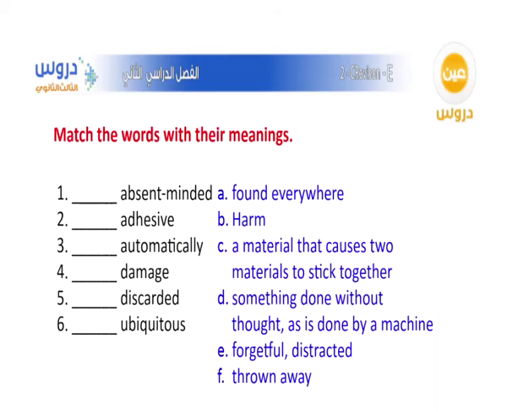Absent-minded is like when you are in a classroom and the teacher is teaching and you are not paying attention because your mind is not in the class, your mind is somewhere else. Maybe you're thinking about the lunch that you're going to have with your friends. So you know what part of the body is the mind? Your mind? Do you know what is the meaning of mind?